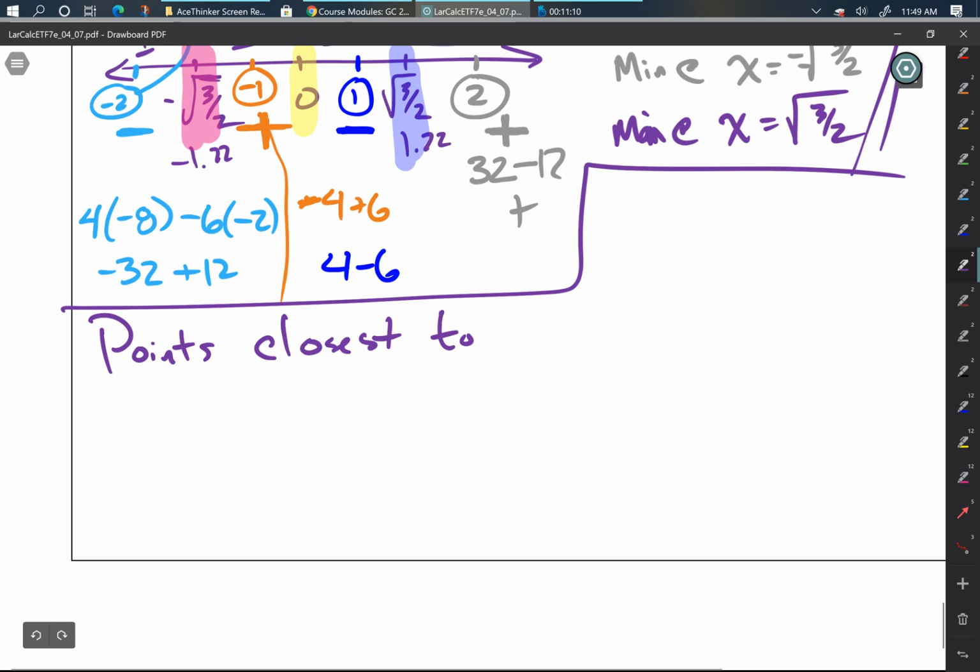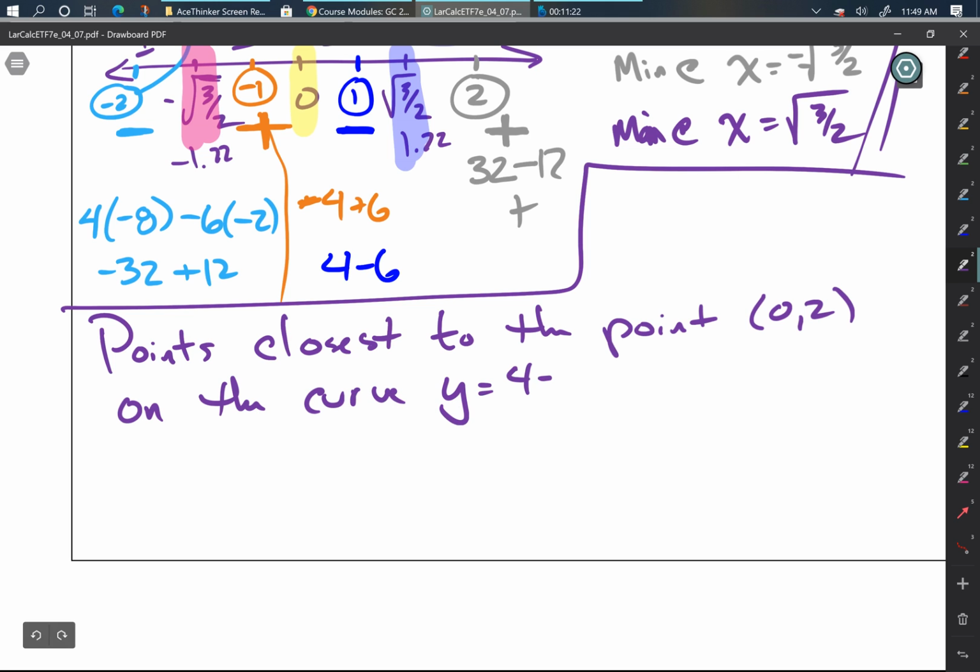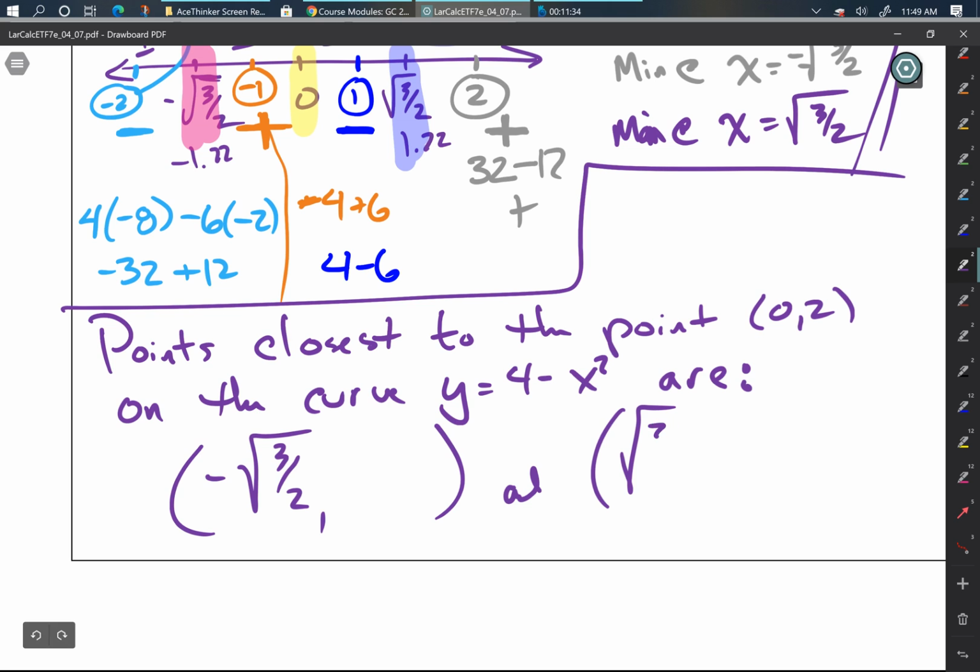They're closest to the point 0, 2. The points on the curve y equals 4 minus x squared are negative root 3/2, comma, something, and positive root 3/2, comma, something.